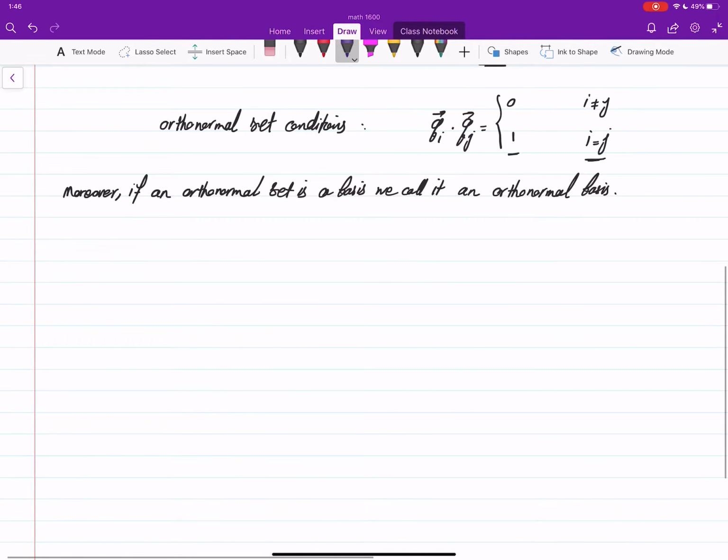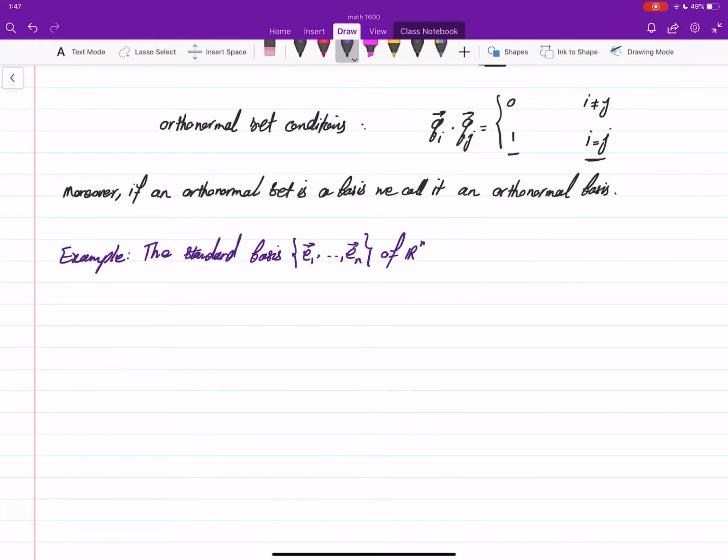Well, the most famous example of an orthonormal basis is the standard basis of Rn. So the standard basis, which we denoted by E1 up to En of Rn, is an orthonormal basis for Rn.